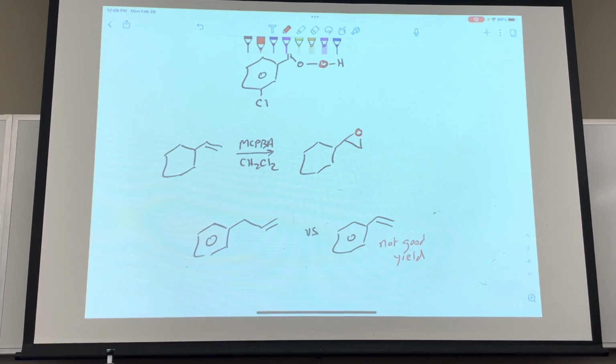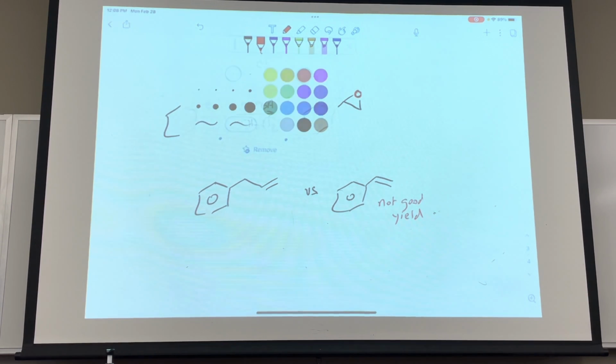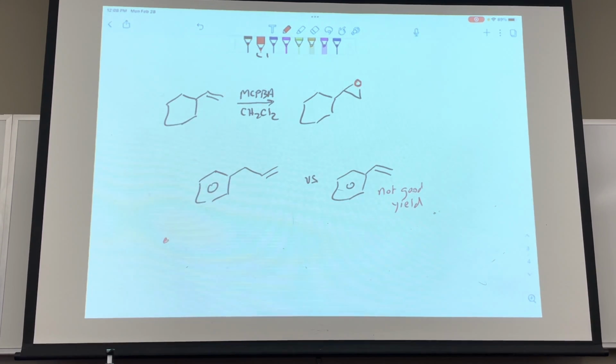The other limitation, this one you do need to pay attention to, probably the biggest limitation, is you cannot do this reaction where you have a ketone in the molecule.